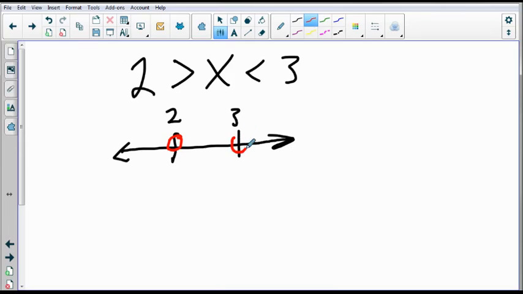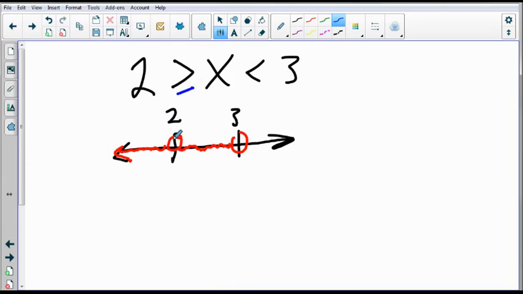No equal, there'd be a circle there. It says x is less than 2, so that's this way. This says x is less than 3, so that's this way. So I run into two problems here. The first problem is that this says x does not equal 2, but this says x does equal 2. So that can't work. Well, let's say that we tried to fix it with this.